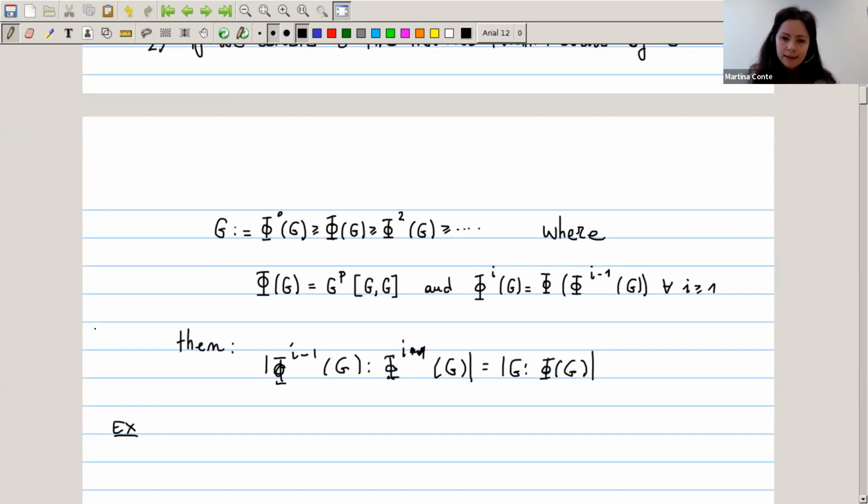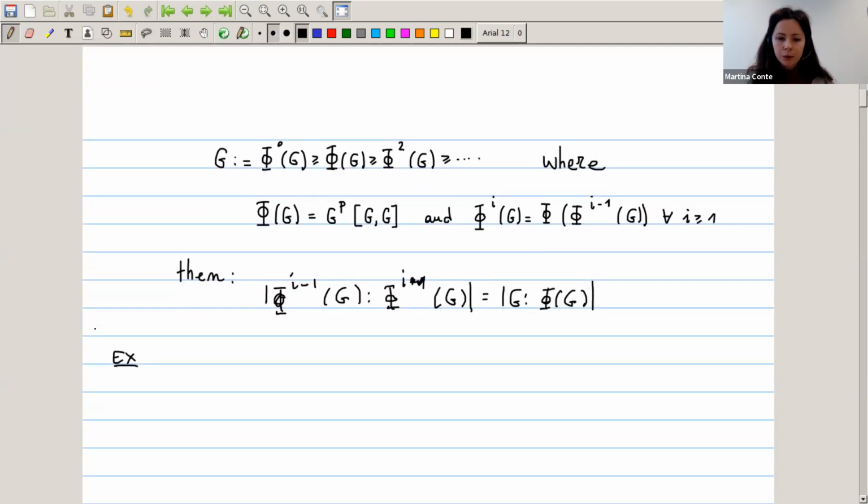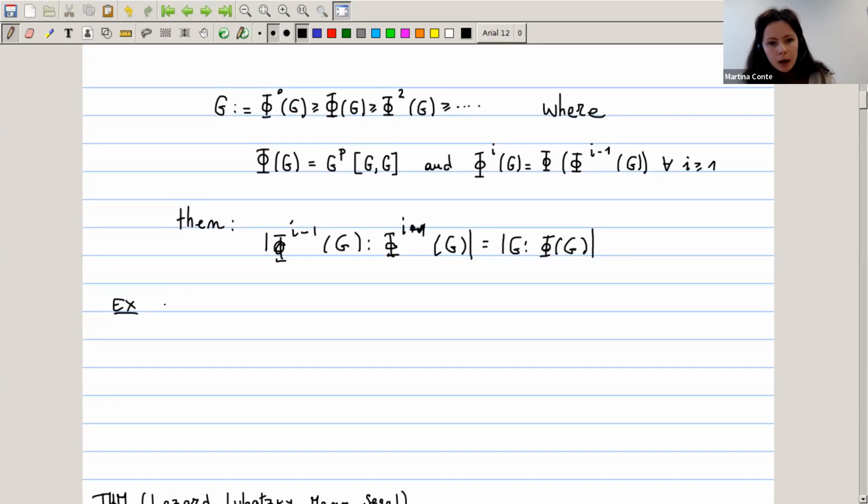So what is an example of a uniform Pro-P group? We can start with GL_d(Z_p), the group of invertible d times d matrices with entries in Z_p, the p-adic integers, and for simplicity, I consider p an odd prime. Then we can consider the principal congruence subgroups of this group.